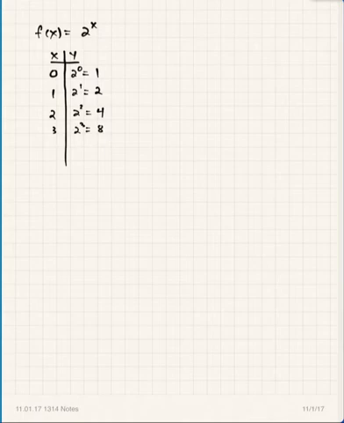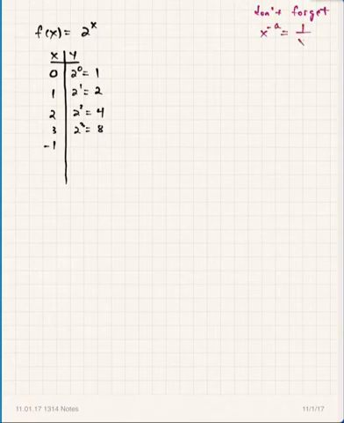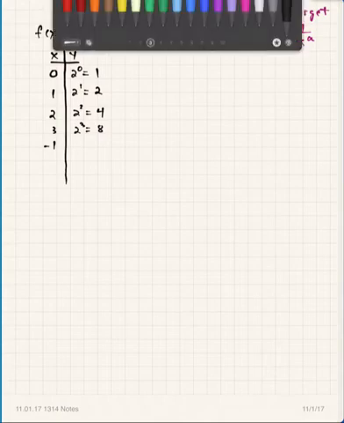Now we can certainly use negative x values also. Don't forget, let me write this off to the side here. Don't forget your rule for negative exponents, and that is that if you have x to the negative a power, that's 1 over x to the a power, that the negative exponent turns that into a fraction. It takes the factor to the other part of the fraction.